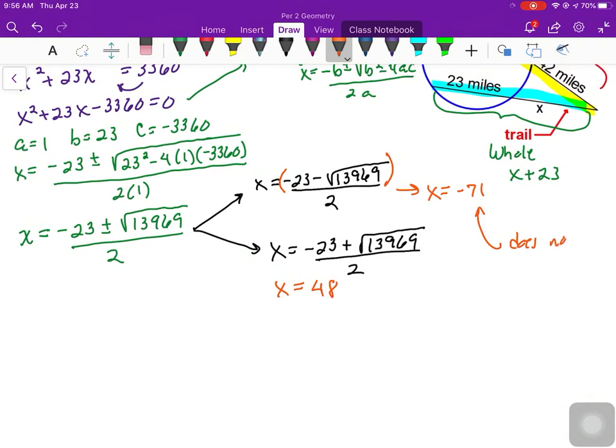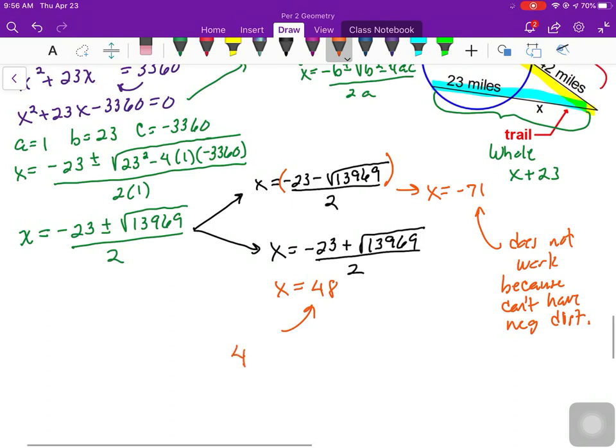Now, this one does not work because you can't have a negative distance. So this one has to be our answer. So we must travel 48 miles.